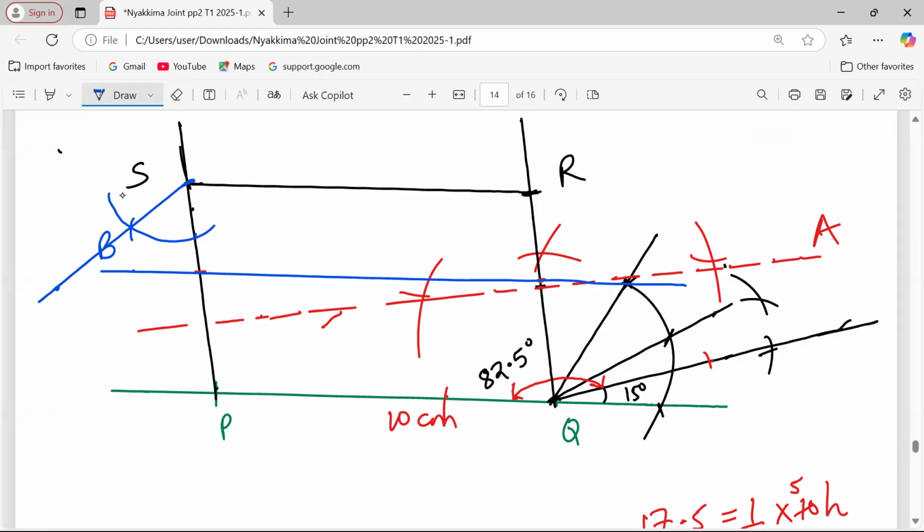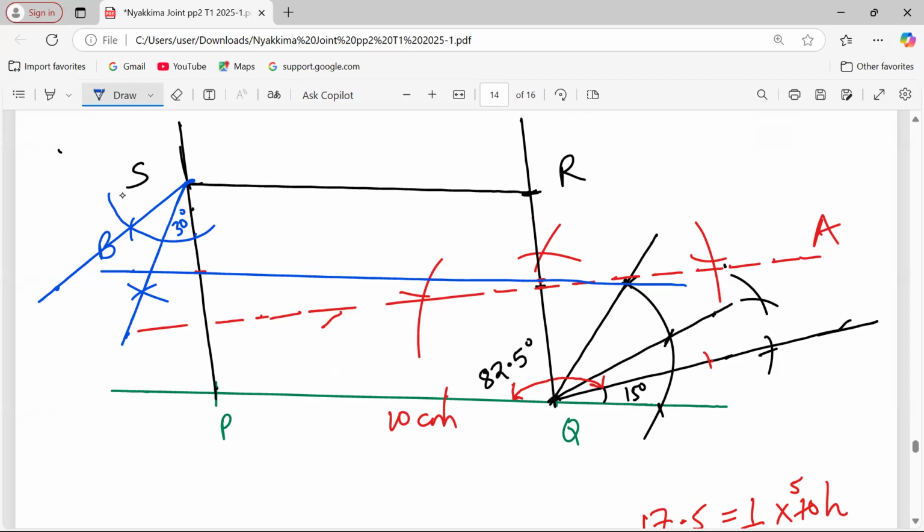If that angle is 60 degrees, then I'm supposed to bisect it, so that after bisecting it I get 30 degrees. So I bisect the 60 like that to get 30 degrees. Yeah, so this is exactly 30.